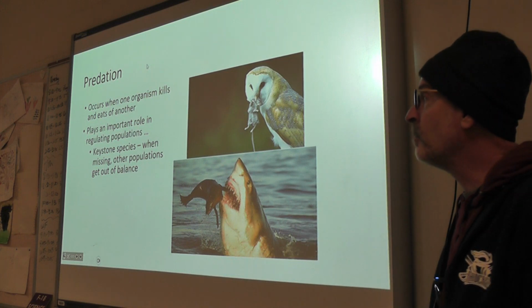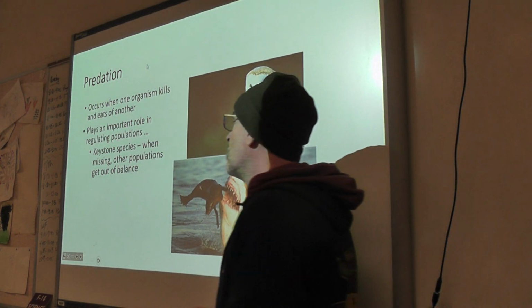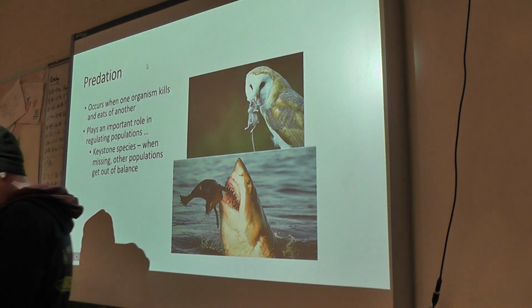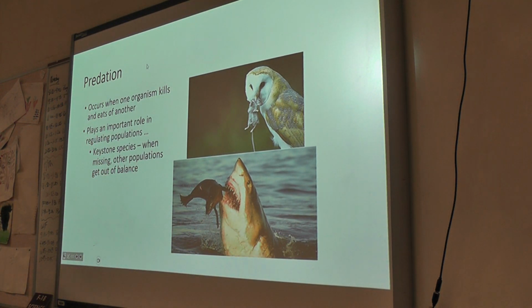So for example, there's something called a keystone species. What a keystone species does is it regulates not just one organism and not just a small group of organisms that it eats, but it can regulate an entire ecosystem. And I'll give you an example of that in just a second.